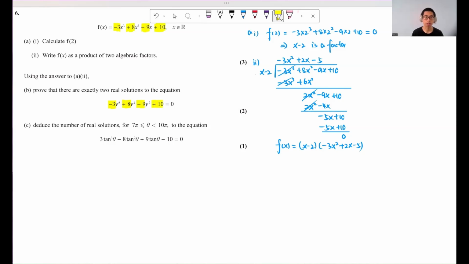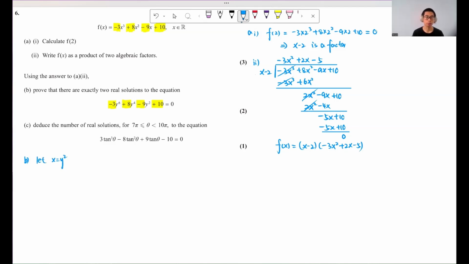All the coefficients are the same. The only difference is instead of x, this is y squared. Instead of x squared, this is y to the power 4, and instead of x cubed, this is y to the power 6. So all we have to do is let x equal to y squared.